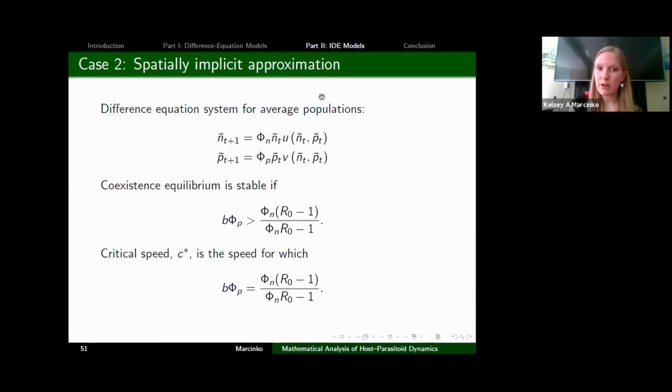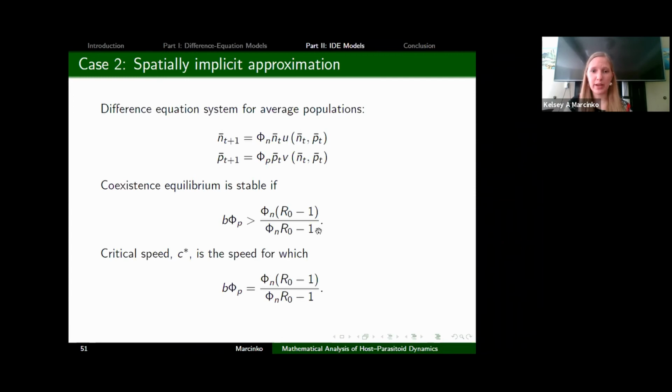Doing standard analysis on the difference equation system, I was able to determine that the coexistence equilibrium is stable if this condition is met, where the parasitoid parameters are here and the host parameters are on this side, and the critical speed is the speed for which this equation is met.